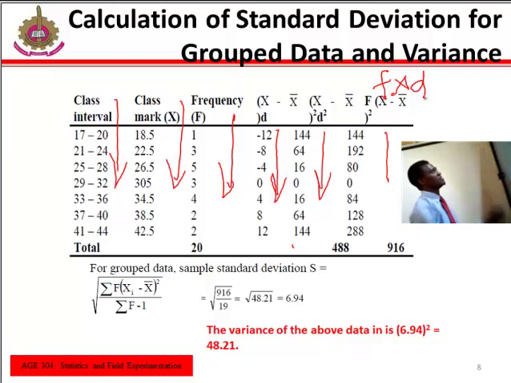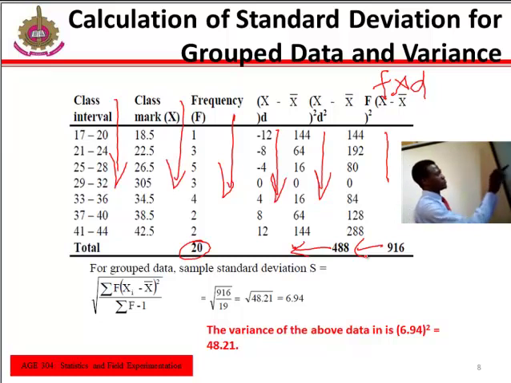Now, from here, we have the total observation to be 20. We have the summation of the square of d to be 488, and that of the frequency times d to be 916. It is this that we substitute into this formula.